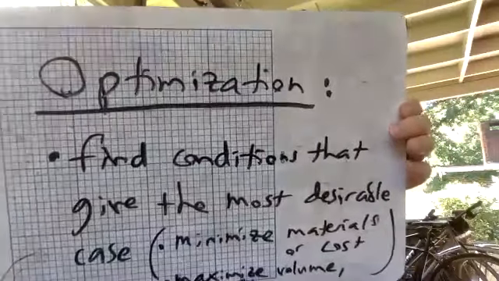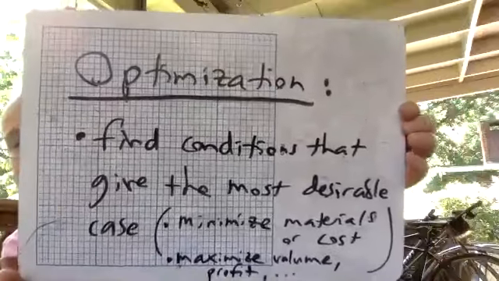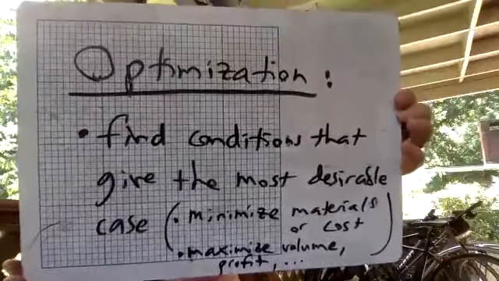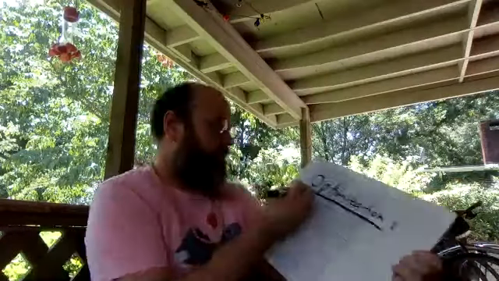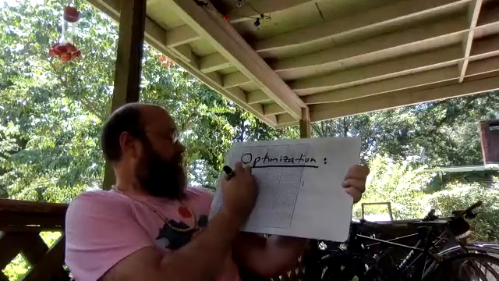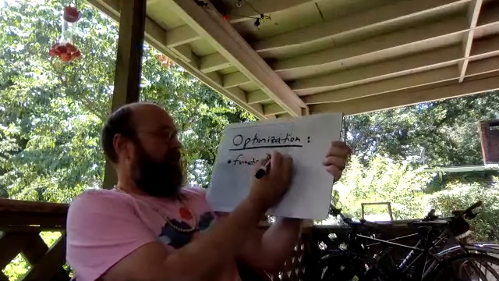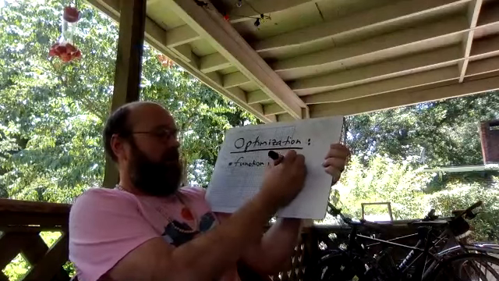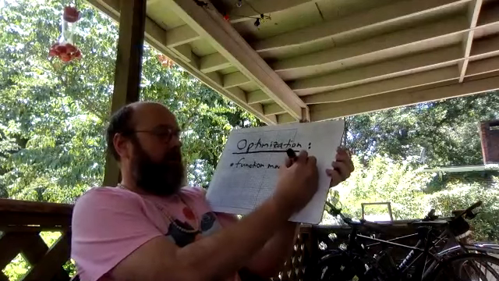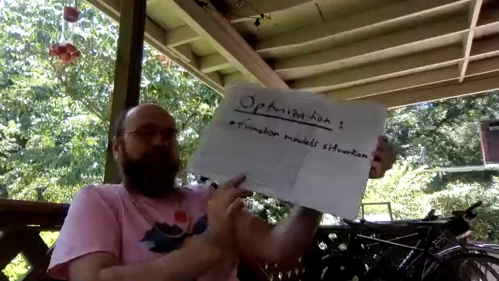So optimization, which is finding the best case scenario or the conditions that lead to the best case scenario. In the end, it boils down to you have some function that models your scenario, your situation, the thing you want to build, the structure of your profits or whatever.